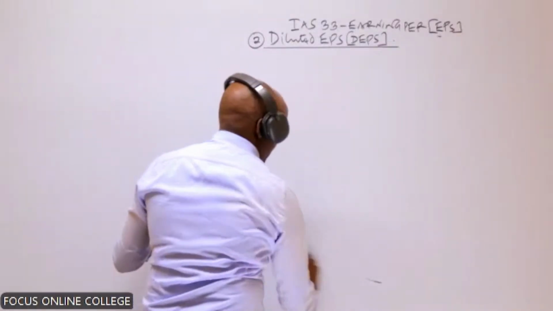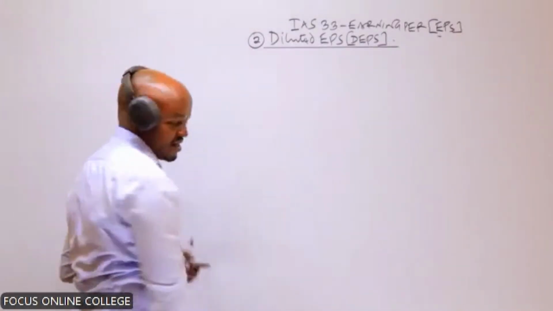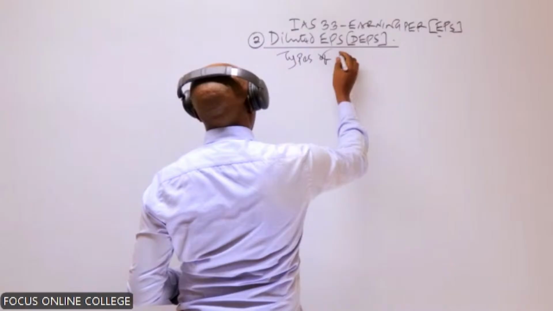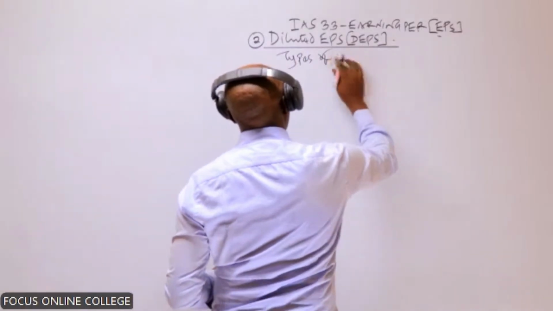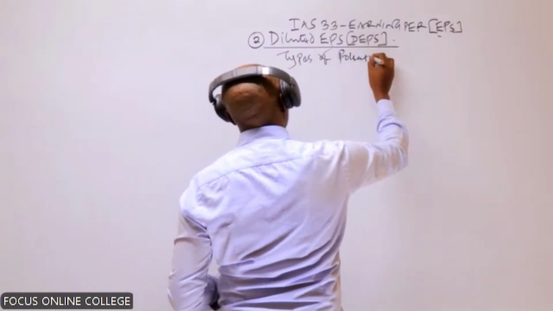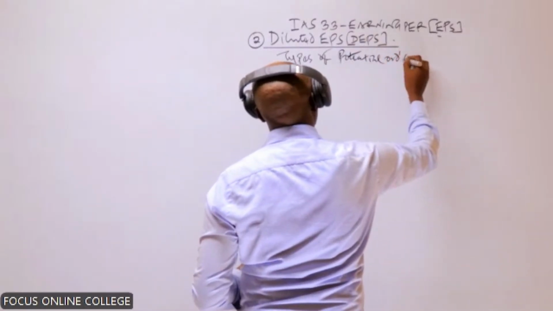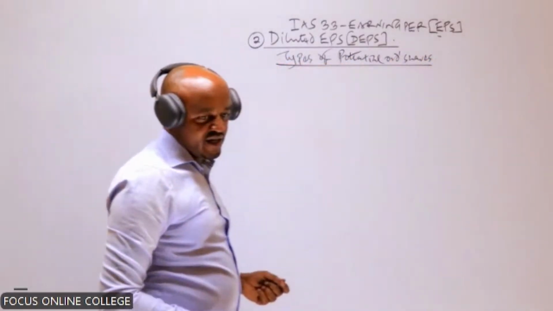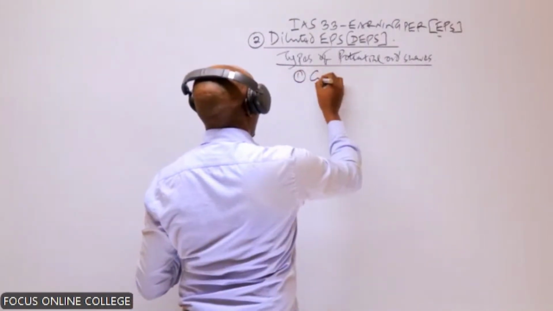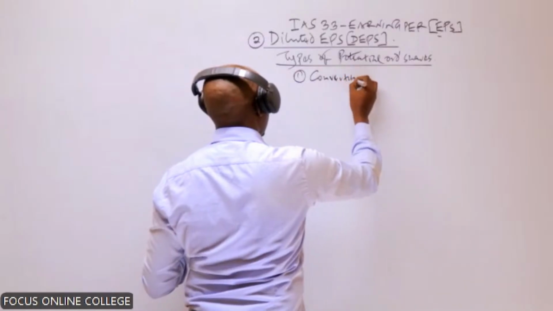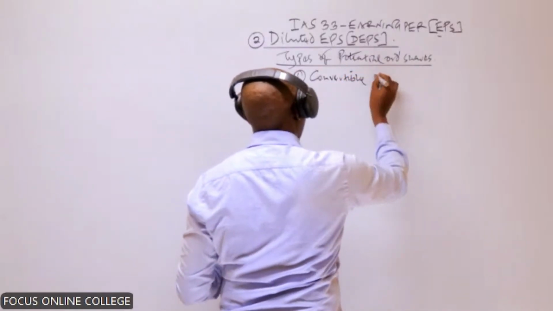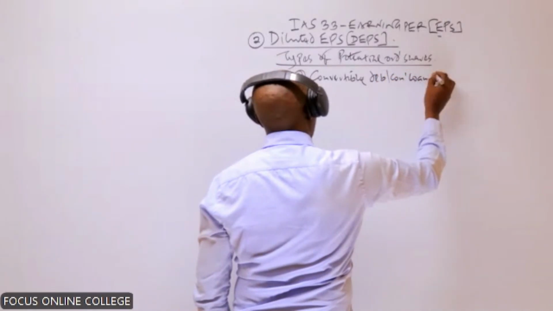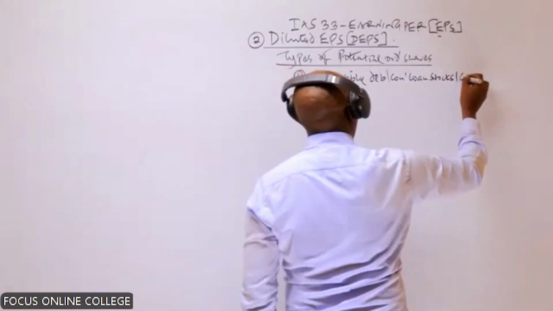So maybe first of all here we can look at the types of potential ordinary shares. So we have different types of this. One, we have the convertible debentures, convertible loan stocks, and also the convertible bonds.